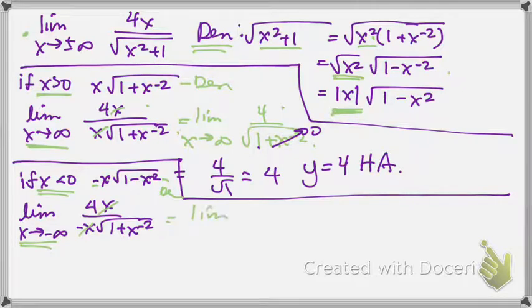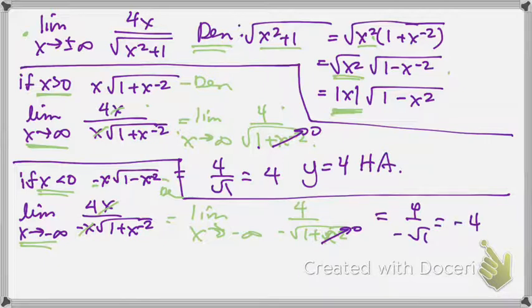And I'm just going to be left with the limit as x approaches negative infinity of 4 over negative square root of 1 plus x to the negative 2. Again, my limit laws. Okay, this will go to 0. Now I have 4 over the negative square root of 1. So I get negative 4. So I have y is equal to negative 4 as a horizontal asymptote.